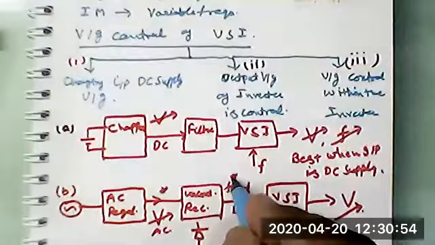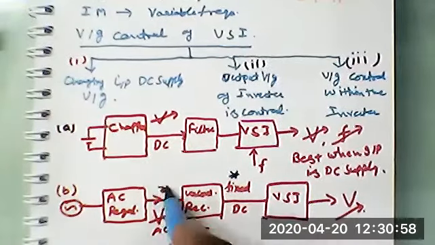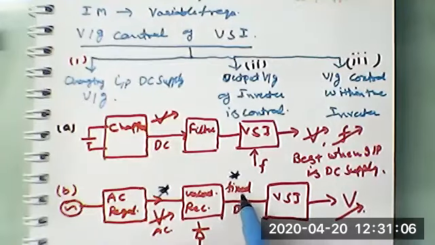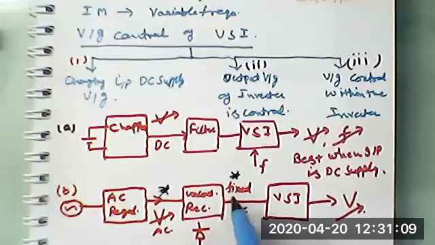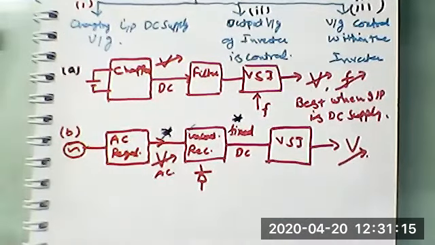Don't get confused. Fixed DC means it is fixed in response to this. If this is a particular value, it will have a fixed value here. But if this is changing, you will always get variable DC by changing the input of this rectifier. So you will have this type of configuration, right?